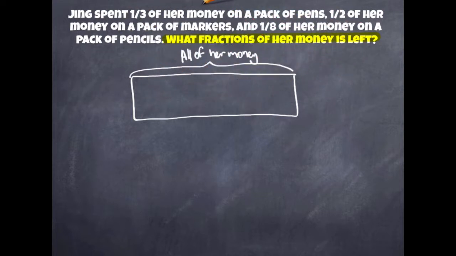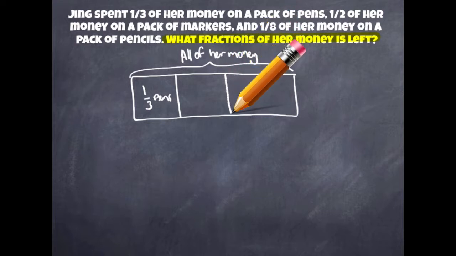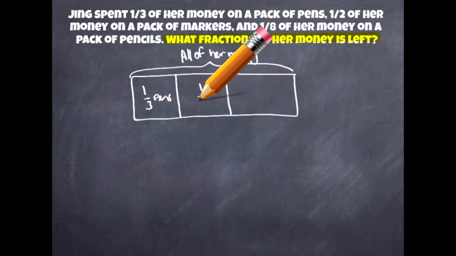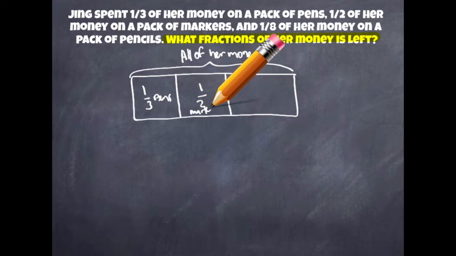So she spent 1/3 of her money on a pack of pens. I'm just going to estimate here visually and say that 1/3 of this is going to be for some pens. Okay, and then she spent half on a pack of markers. So the markers is going to be a little bit bigger. We'll say 1/2 is on markers. Okay, and then 1/8 of her money on a pack of pencils.